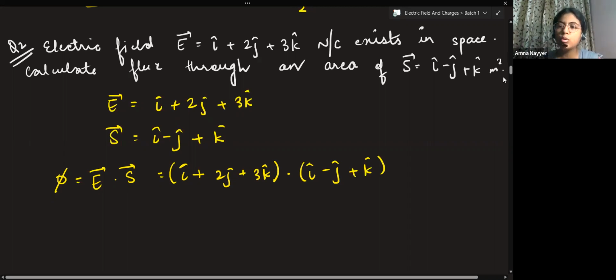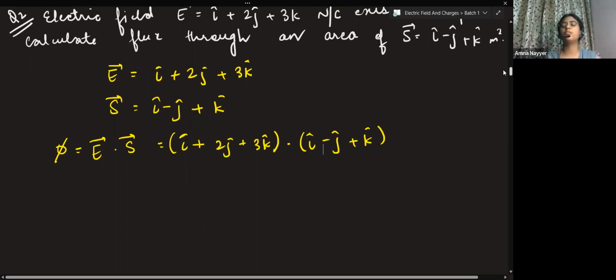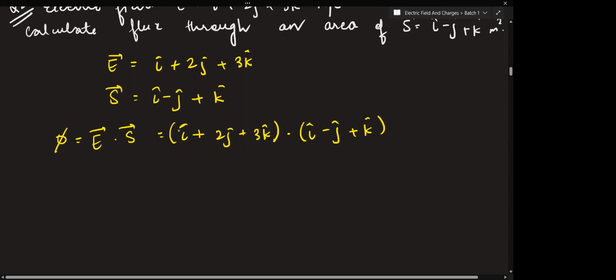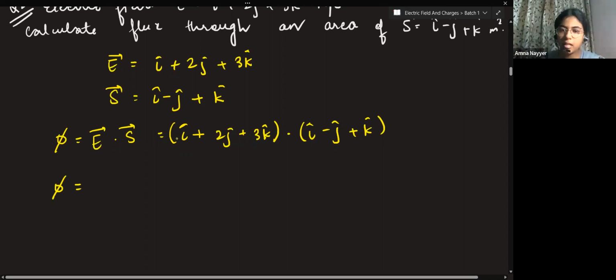Now see how to solve these kinds of values when they are given in terms of unit vectors. Just take the coefficient of the first one, the vector i cap. What is the coefficient of this i cap? It is 1. So 1 is the coefficient of i cap from here, and 1 is the coefficient of i cap from here as well.